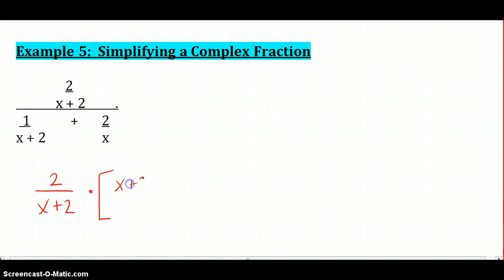So we have x plus 2 over 1 plus, flip the second one as x over 2. First thing, before you can multiply this times this entire thing, you need to add these 2 fractions together. In order to add these, you need a common denominator, so here you need a 2. So you're going to multiply this top and bottom times 2.